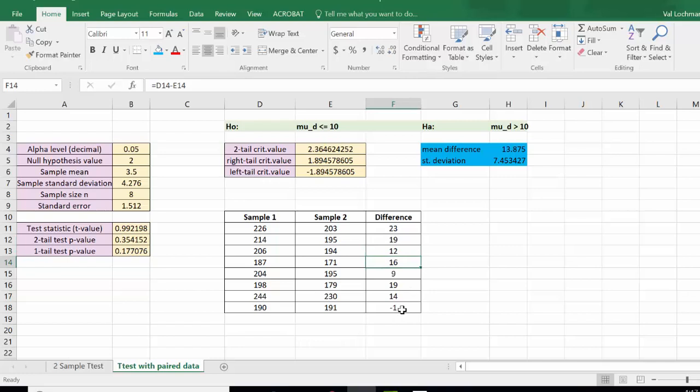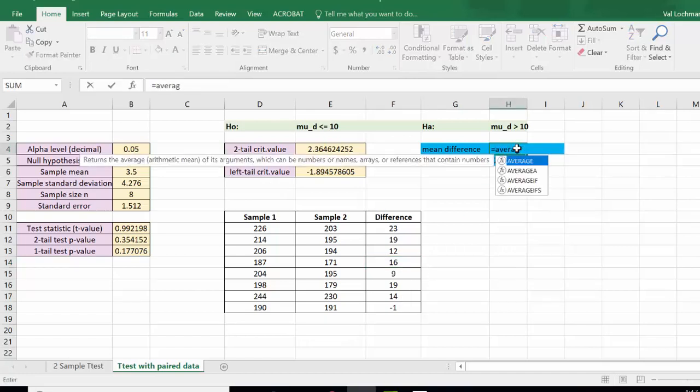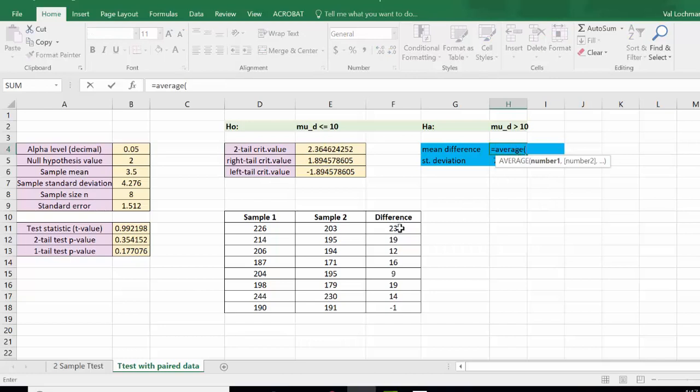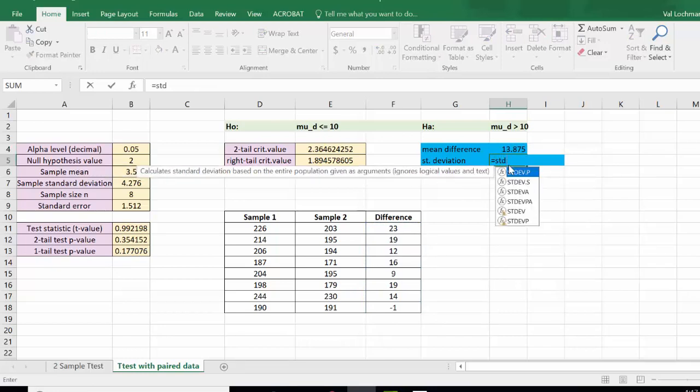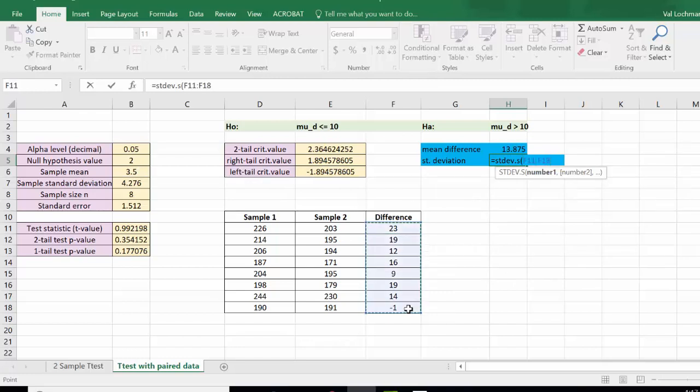So I have some ground for this hypothesis testing. Let me redo this just in case, because if we have a different sample size, then I will just redo it. In this case, it's going to be the same thing. Standard deviation of a sample. I'm going to get these values right here.